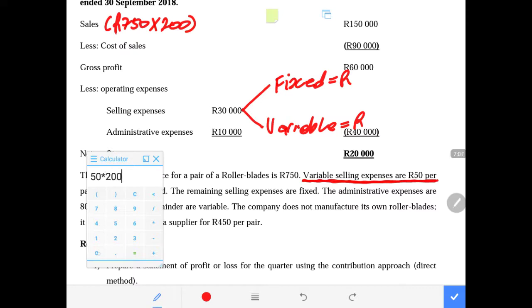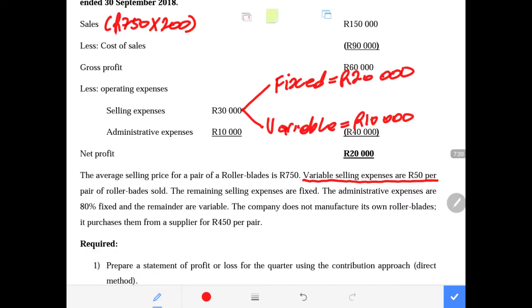Then we multiply this by 200 and we discover that 10,000 of the selling expense is variable. So now 10,000 becomes variable and 20,000 of the selling expense then becomes fixed, because they said 50 rand per unit or pair of roller blades is variable.